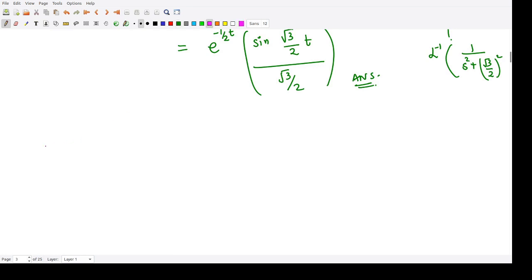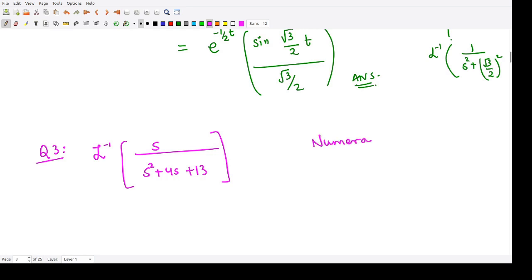So next let us look at another question. It says, find the Laplace inverse of s divided by s square plus 4s plus 13. So now you see here in the numerator we have s.